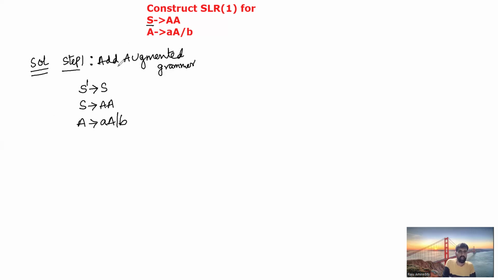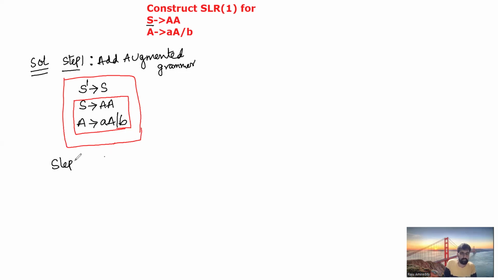This is called the given grammar, but if you see S' → S and S → AA, A → aA | b, this is called adding augmented grammar to the given grammar. Next, we go with step 2.